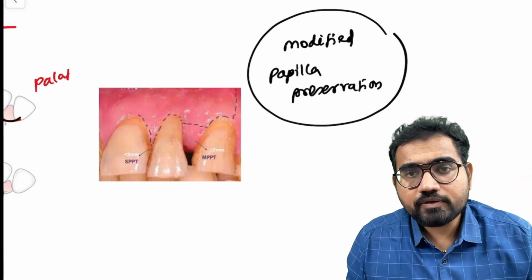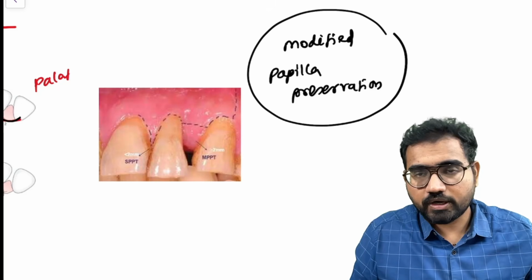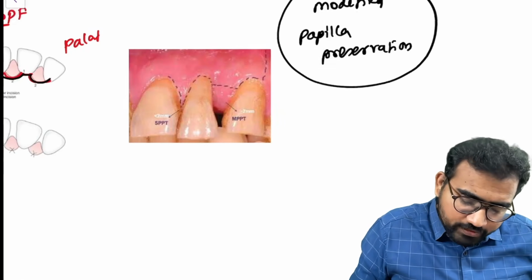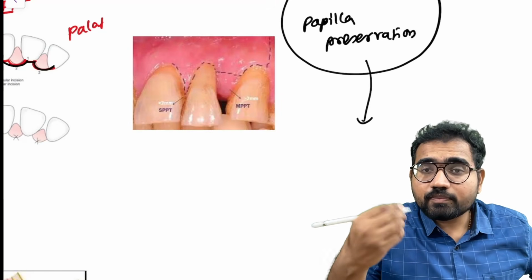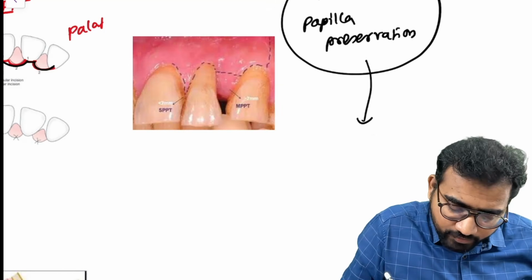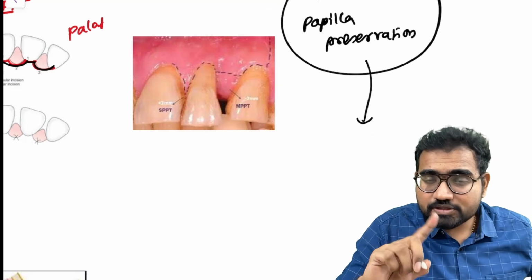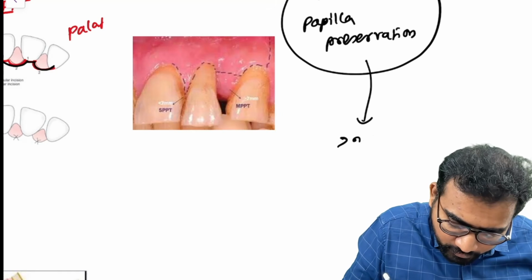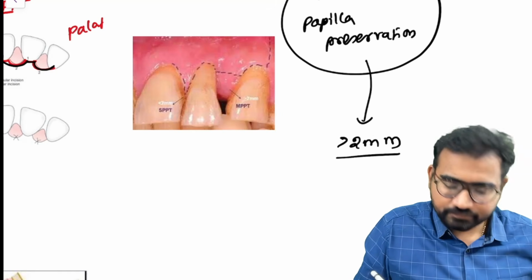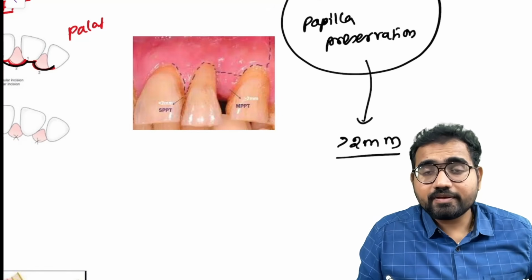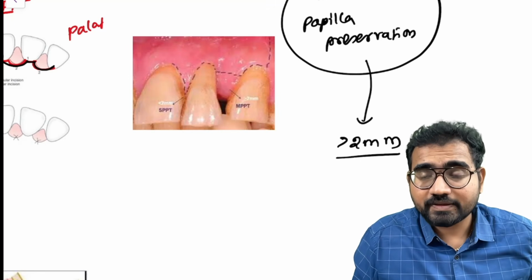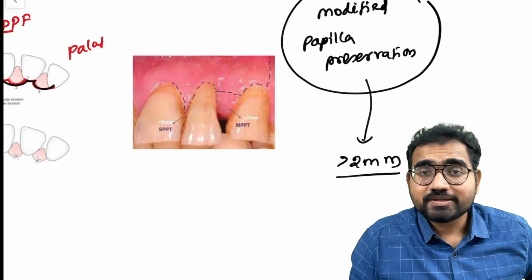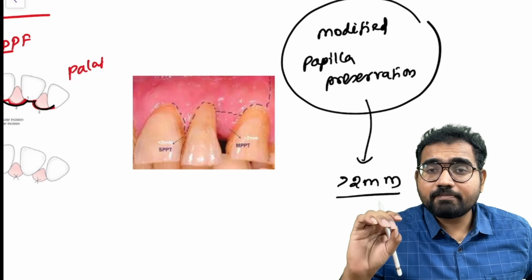In the modified papilla preservation technique, I'm going to select a case where, say for example, the interdental spacing is more than 2 mm. If the interdental space is more than 2 mm, then I'm going to choose the technique called modified papilla preservation.